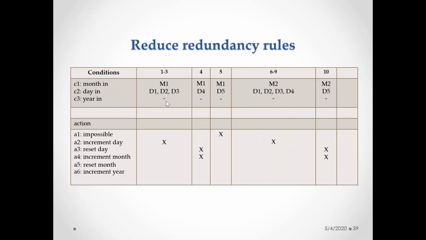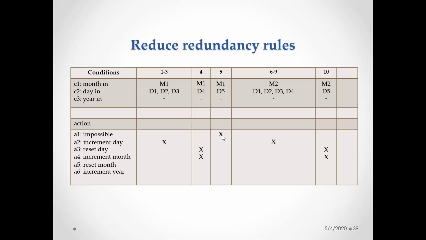M1 is common, whereas D1, D2, D3 is different, so with respect to this the action is one and the same. M1 with D4, I cannot merge it with anything because it is resetting the day and incrementing the month. The action part is very much different from what happens with respect to M1, D1 don't care, M1, D2 don't care, M1, D3 don't care. So that's why I need to separate it.